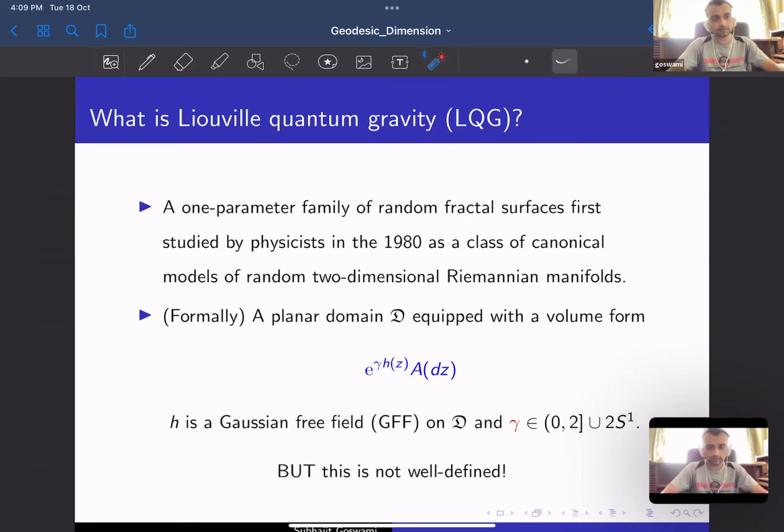It comes from putting a probability measure on the space of Schwartz distributions. The theory of Schwartz distributions, or generalized functions, is a linear theory, and making sense of a nonlinear function of that, like the exponential, calls for new ideas. You have to make sense of it in a big way.